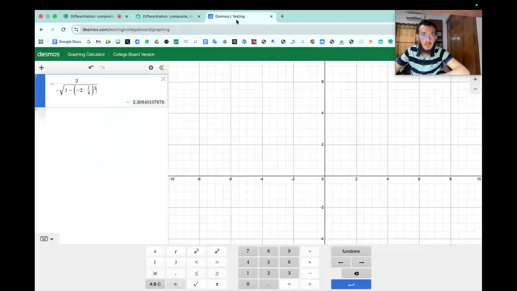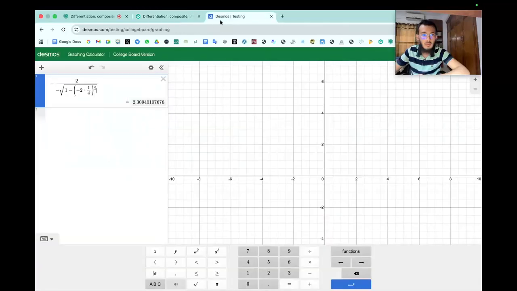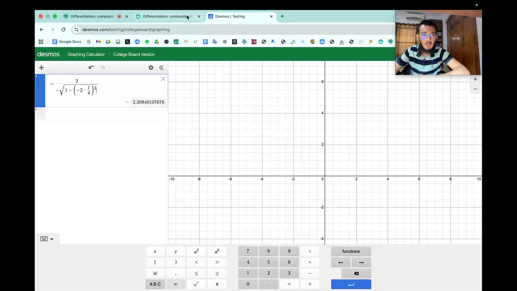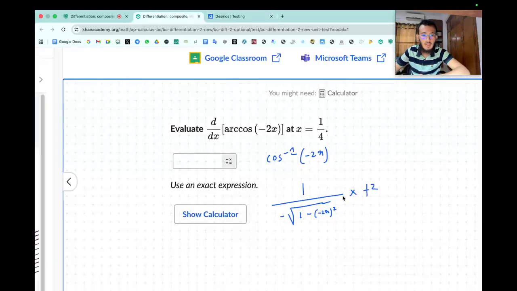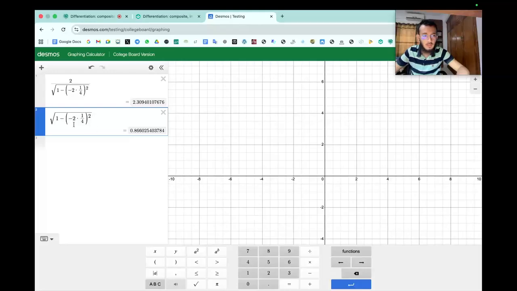We need an exact expression, so negative 1 upon root 1 minus, we have negative 2 into x, which is 1 by 4, and negative 2 is here. So basically this negative and negative would become positive, so there is no point in keeping this. Now, because they have asked for an exact fraction, we want this to be exact.